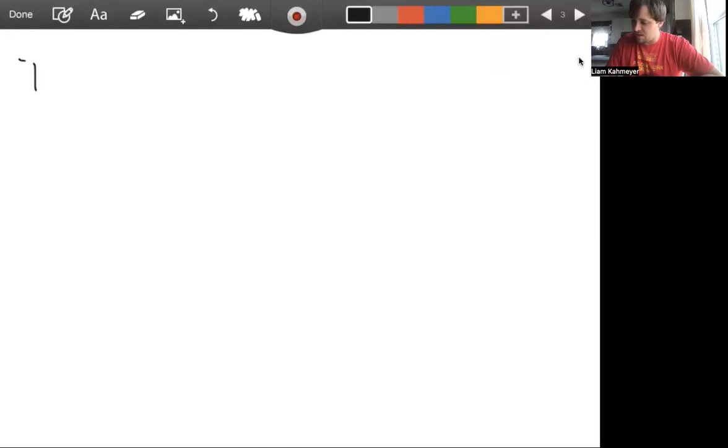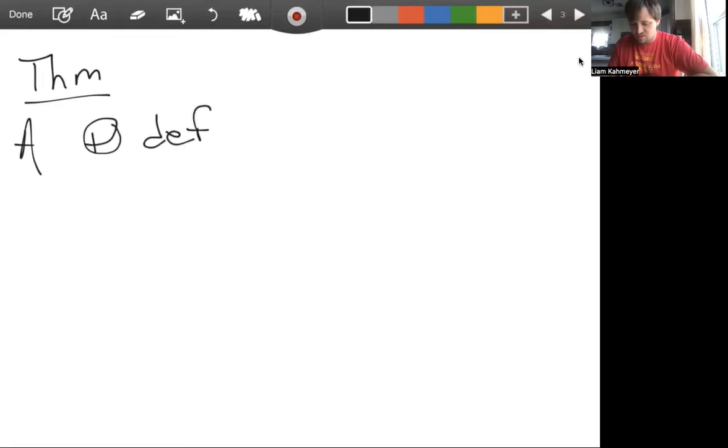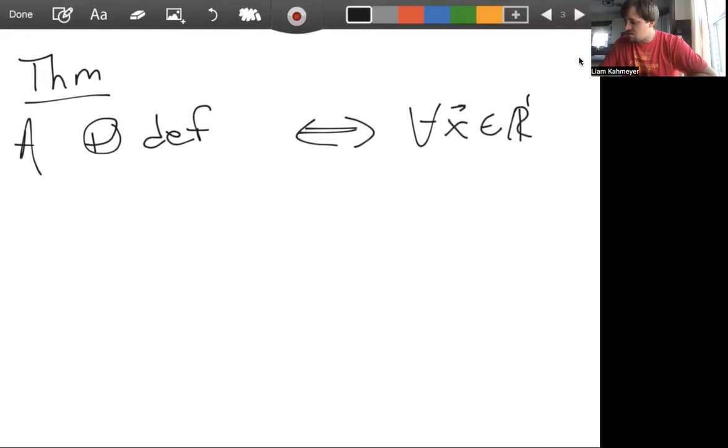We'll prove the following theorem. So let's let the same hypotheses, A is going to be an n by n symmetric matrix. A is positive definite if and only if for every non-zero vector x in Rn, so non-zero means this is an element of Rn without the origin, right?